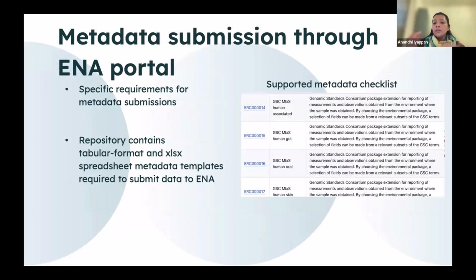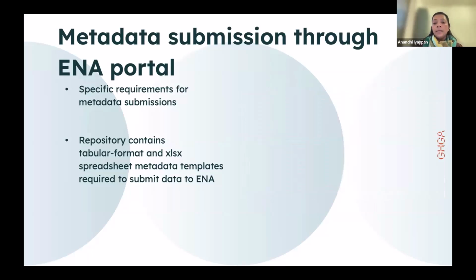And once you log in, you also have various checklists that they have provided in their data portal, which you can use for choosing your type of submission. For example, if you have a human gut based submission to do, then you can check for that particular guideline. And if it's going to be a different organ, you can choose the respective guideline as well. This is just an example. They have a lot of checklists in place for customizing it according to the data that you have.